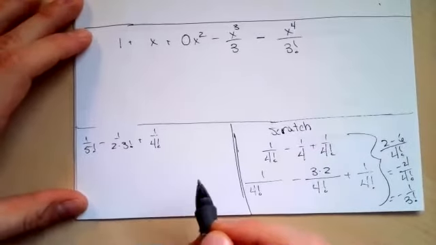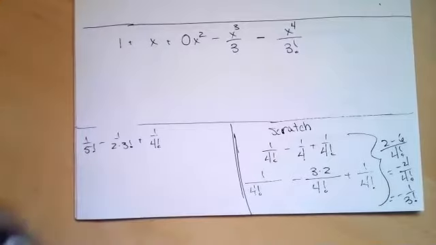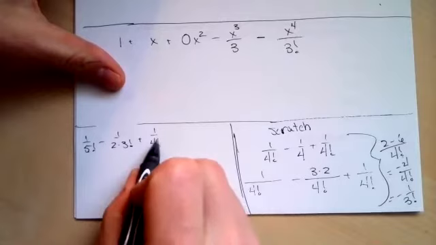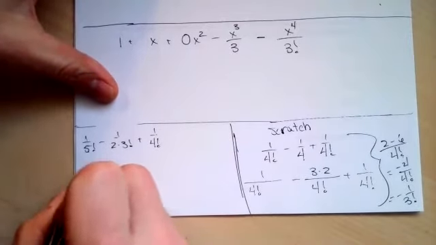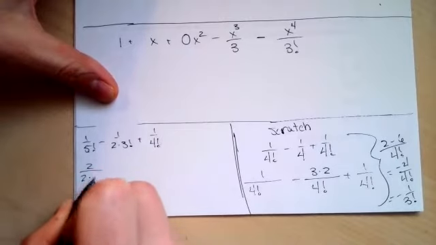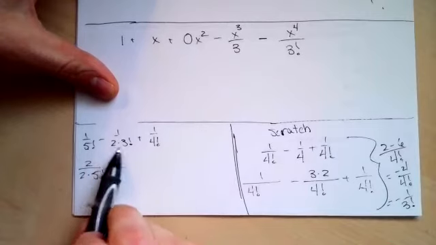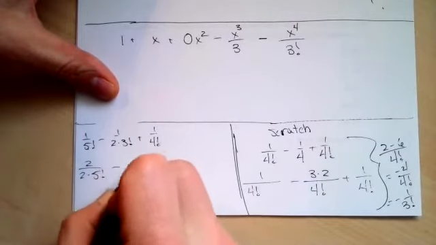Finding a common denominator is fairly easy, which is a big reason why I wanted to keep them in factorial form. So this 5 factorial is going to contain everything in 4 factorial. We're just going to be missing this extra factor of 2. So let's write this as 2 over 2 times 5 factorial minus, here I've got a 2 and a 3 factorial, so I need a 4 and a 5.